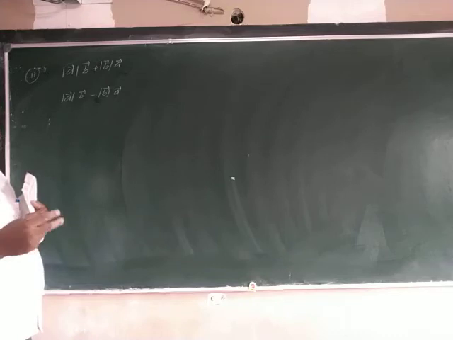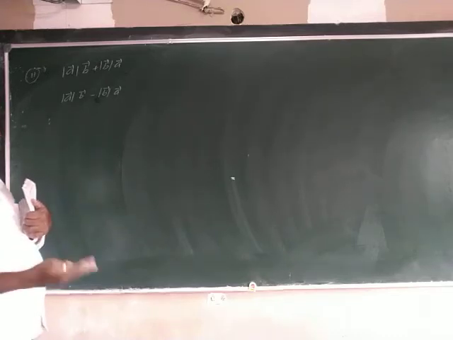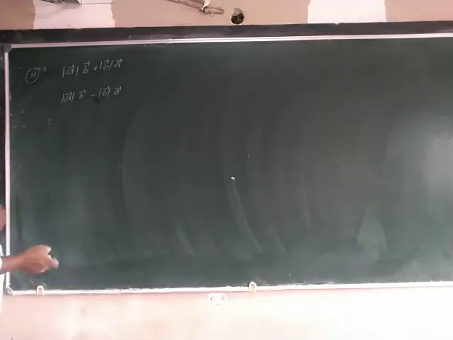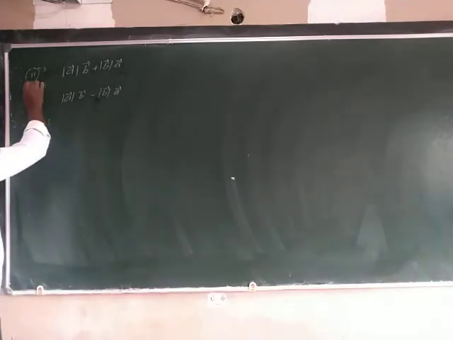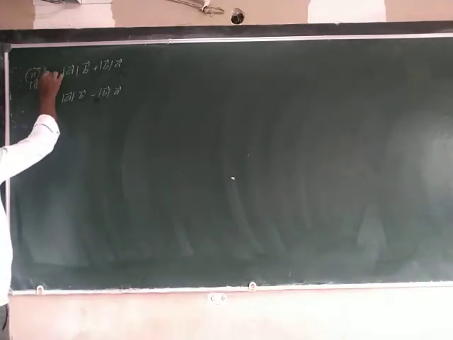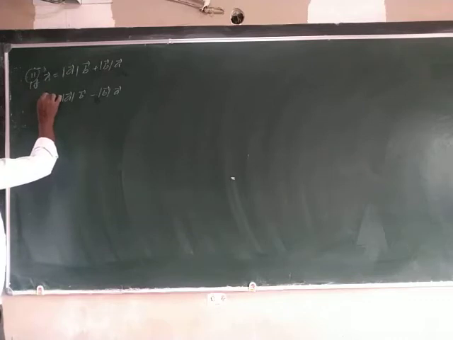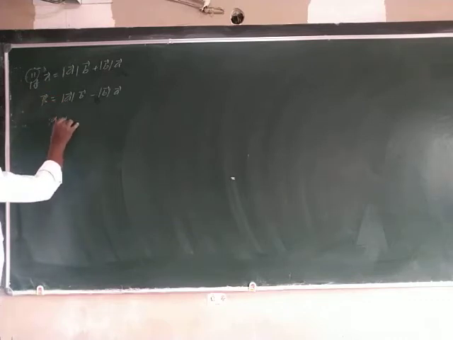If the dot product is 0, then the given vectors are perpendicular. So take these as vector alpha and vector beta, and just find alpha dot beta.